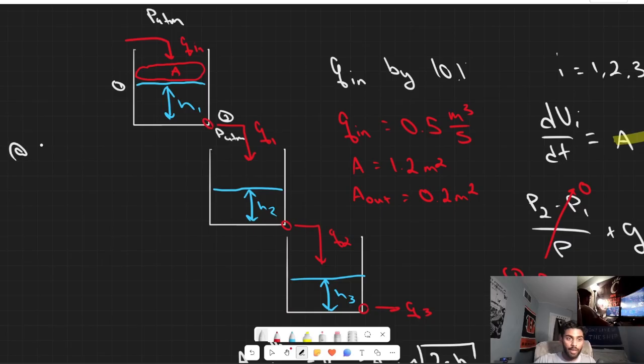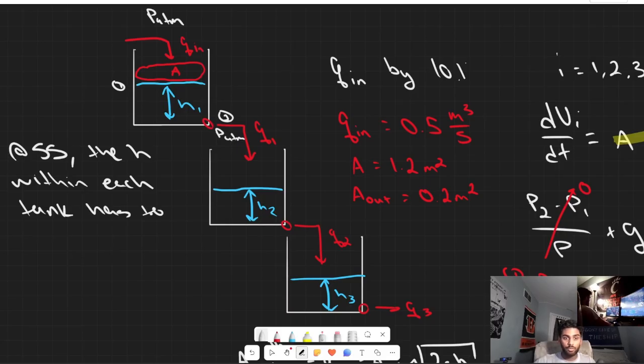So at steady state, the heights within each tank has to be identical, which is to say that H1 is equal to H2 is equal to H3.